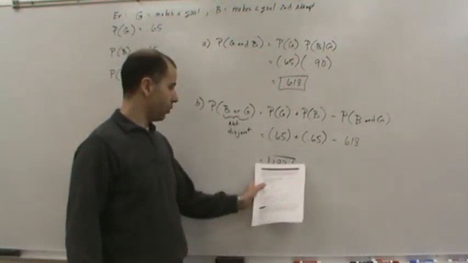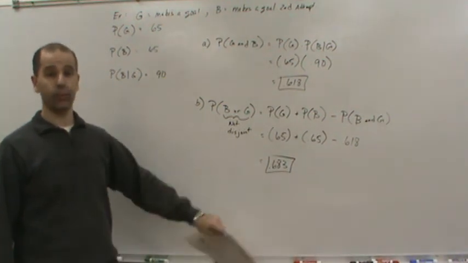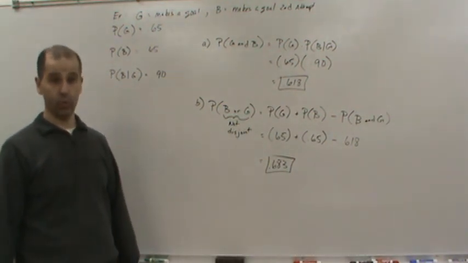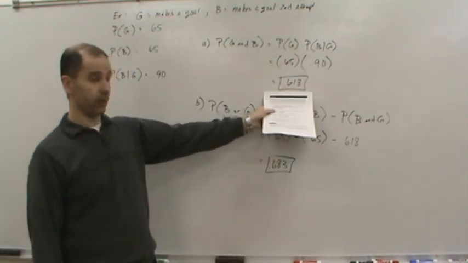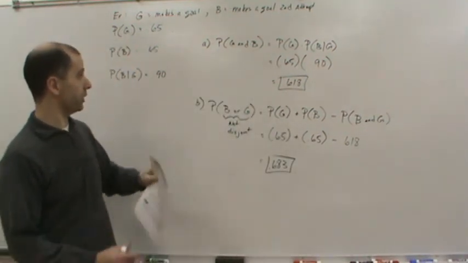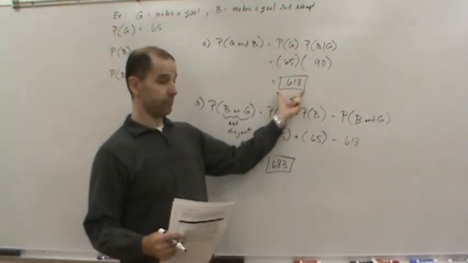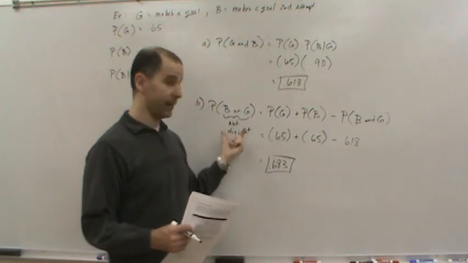So that's the way we use the general rule. In this case we had to use the general addition rule. Sometimes you'll have to figure out one part, because we know they're not mutually exclusive, and then use this piece in order to calculate the next piece.